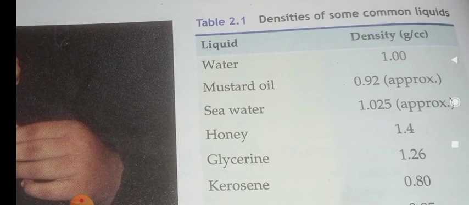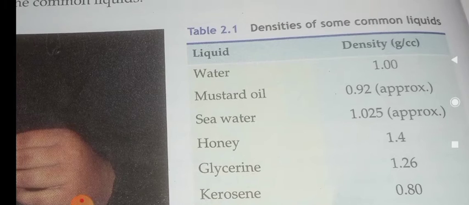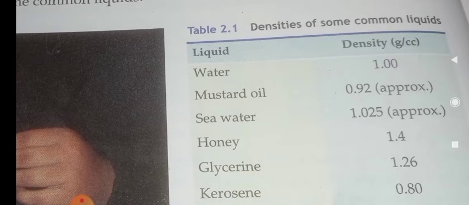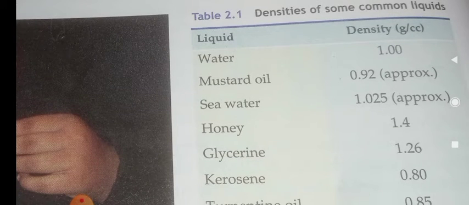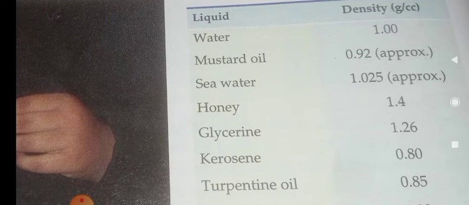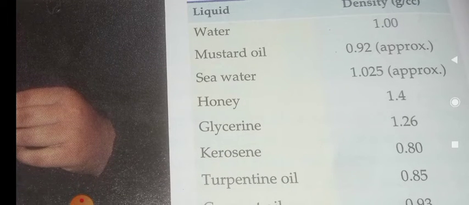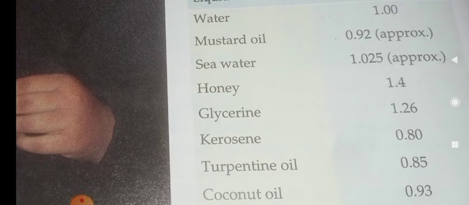Now this table tells us the density of some common liquids. The first one is water, whose density is 1 gram per cc. Mustard oil is approximately 0.92 gram per cc. Seawater is approximately 1.025 gram per cc.